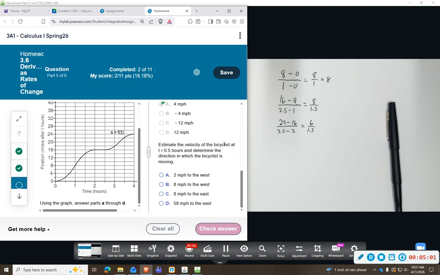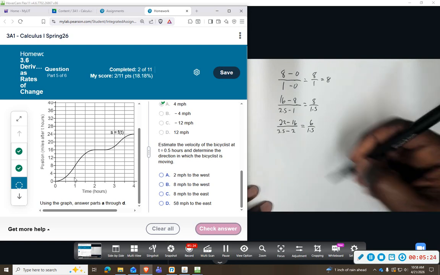We're going to estimate the velocity of the bicycle at t equals 0.5. So the velocity at t equals 0.5, I'll just have to use this line again. So it's kind of like a slope. So if you look at its position at 0.5, he's just at 2, which I guess we can look at that and see if that works.